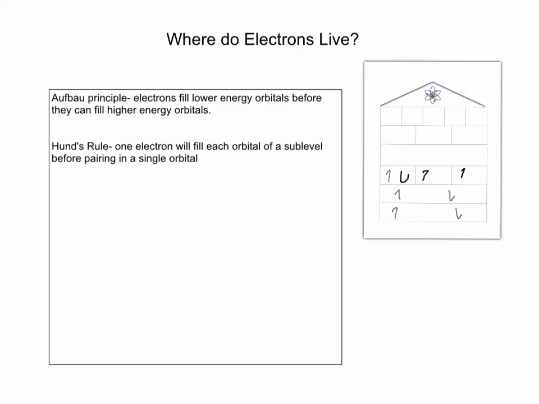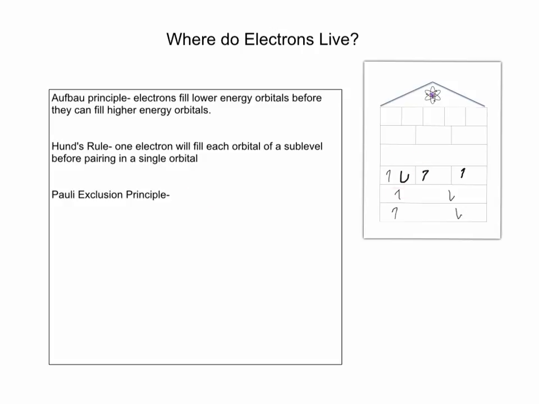The last rule that we need to know is the Pauli exclusion principle. The Pauli exclusion principle states that electrons want to sleep in their own separate beds. So electrons must be either spin up or spin down, which is what these arrows show.